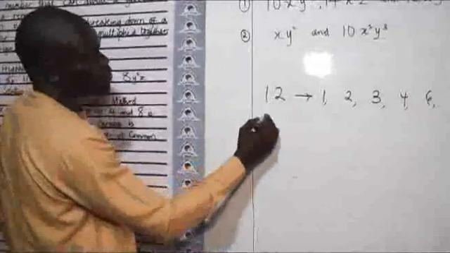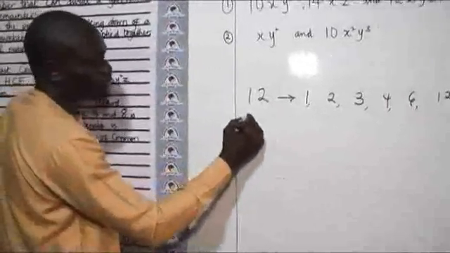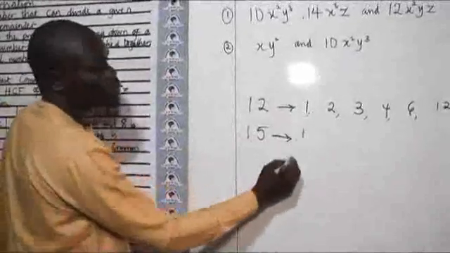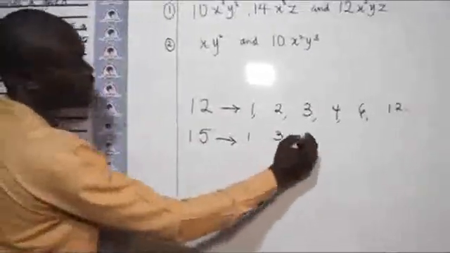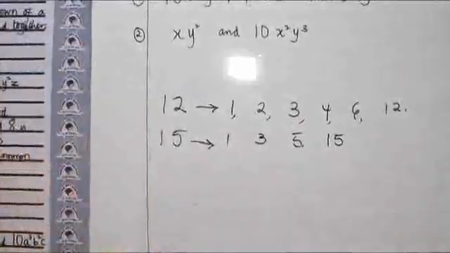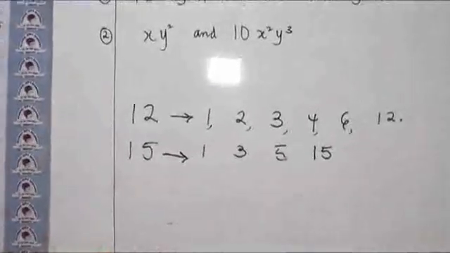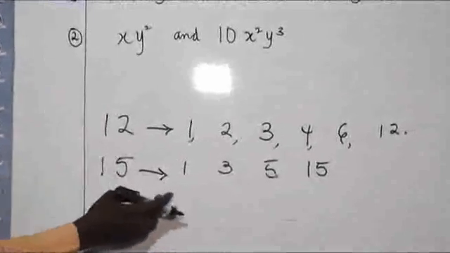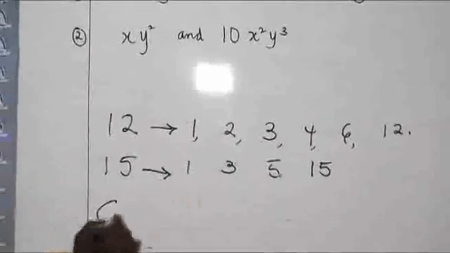Let's pick 15. Factors of 15 are 1, 3, 5, and 15. Looking at both, what are the common factors?